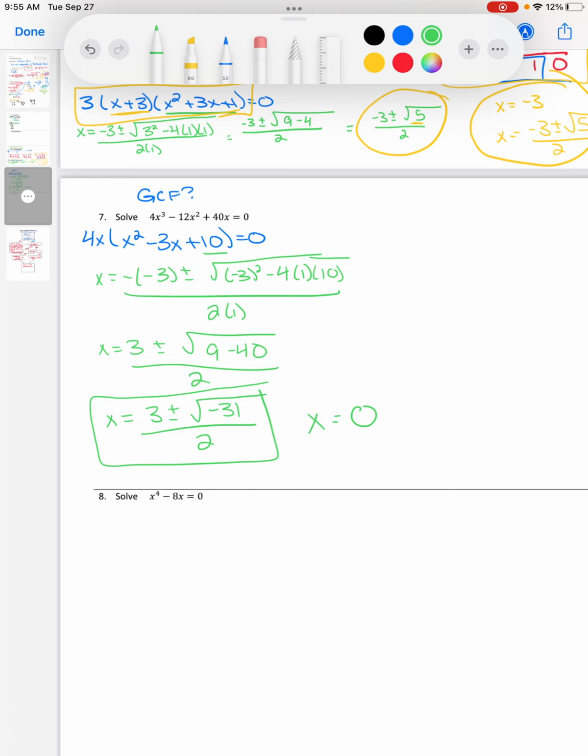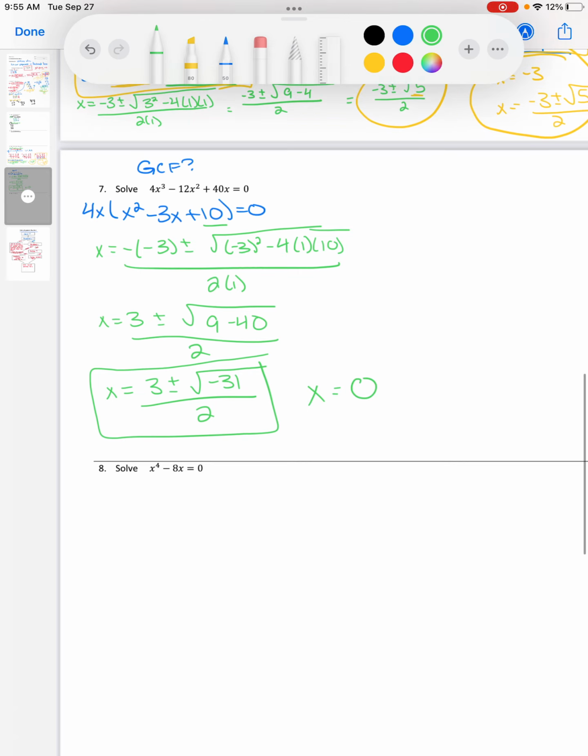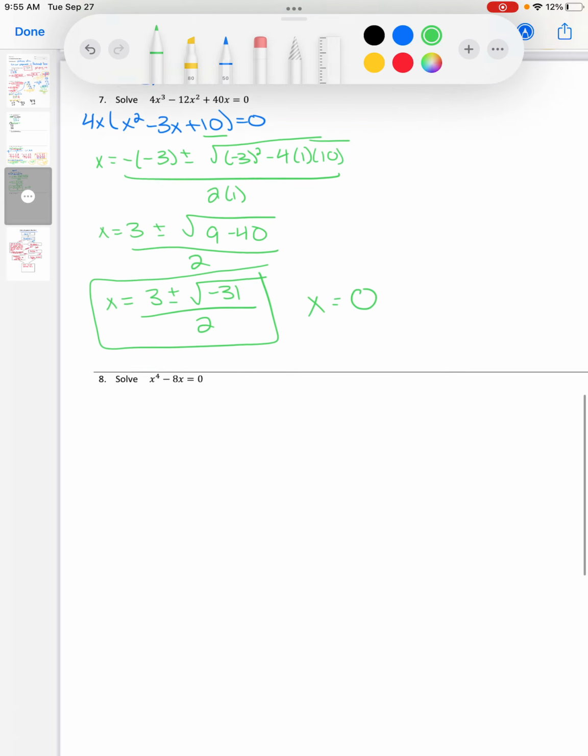Let's quickly do question 8. It's not too hard, and then we'll be done. Okay. Question 8. Is there a GCF? Yes, it's x. So I factor out an x. I got x cubed minus 8 equals 0. Now, I know it's not a quadratic, but do you recognize anything about it?